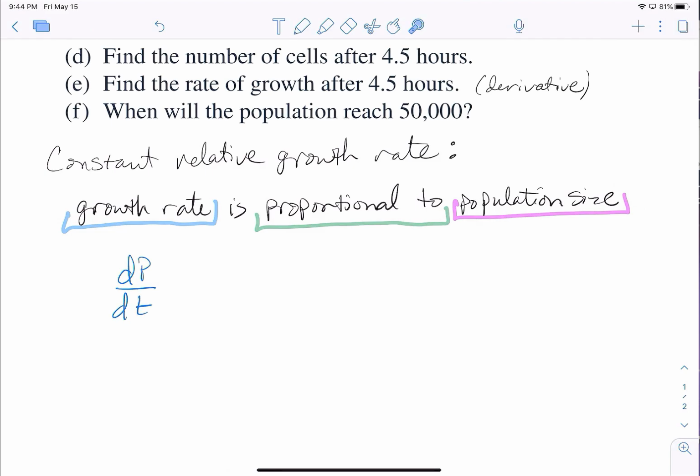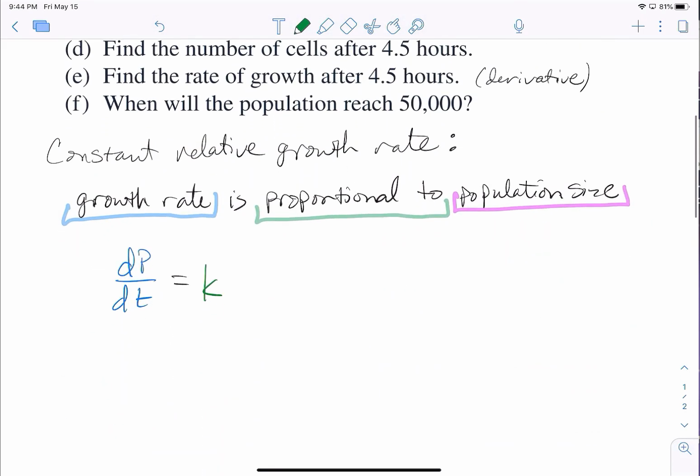So that would be the change in population as time changes, and so dP/dt is equal to the constant of proportionality times the population size. So this growth rate is proportional to population size directly translates into an equation that says dP/dt is equal to kP, where k is a constant of proportionality.